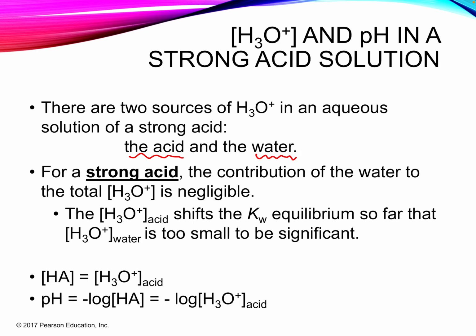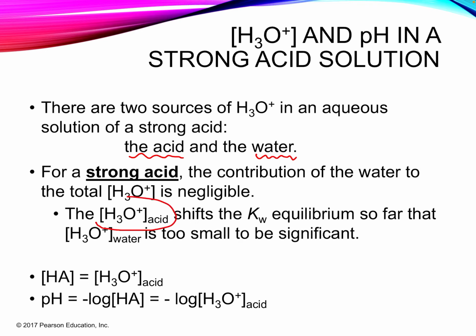But when we have a strong acid, because they are contributing so many H3O+ ions, so many hydronium ions, the contribution of the water is negligible, right? It doesn't make a difference because that ionization constant of water is not going to be enough to really mess with our calculations at all, okay?